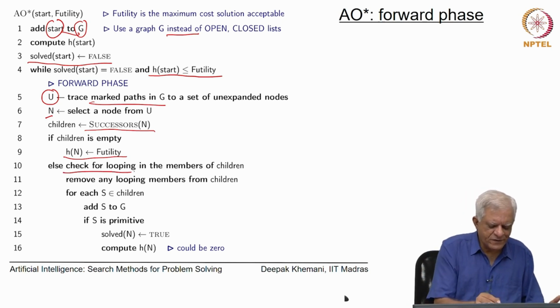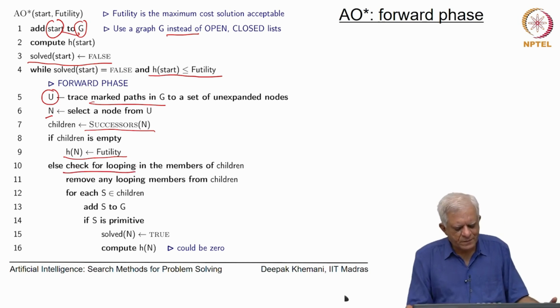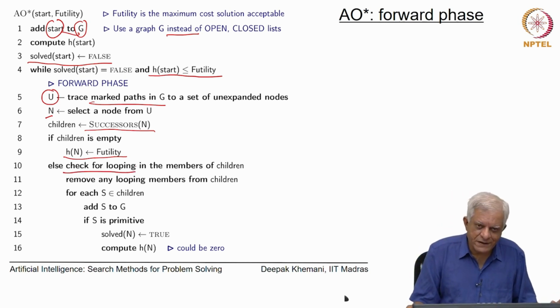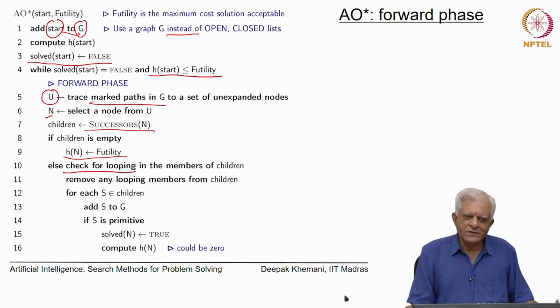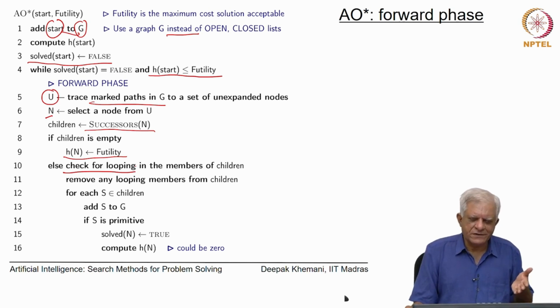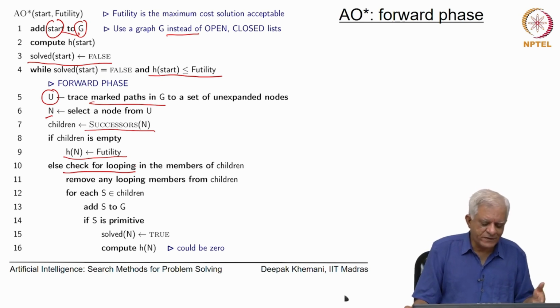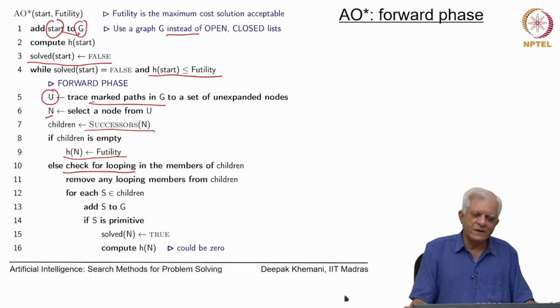Now, remember that, for example, when we did the symbolic integration problem, you could transform cot x to tan x, and you could also transform tan x to cot x, or you could transform tan x into something else, and so on and so forth. So, you could go back and forth, and we do not want to do that, and for that purpose we introduced a notion of avoiding loops.